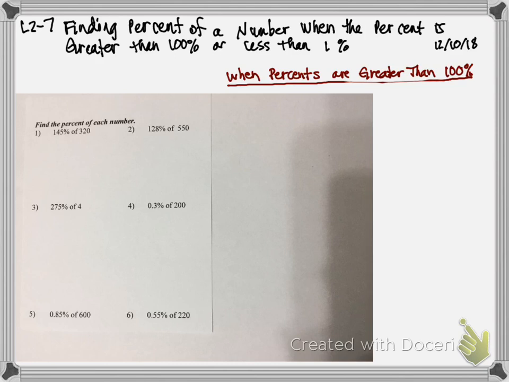So just a hint, when the percent is greater than 100, we're going to try changing the percent, or let's say converting, because that's a better word. Try converting the percent value to a fraction.